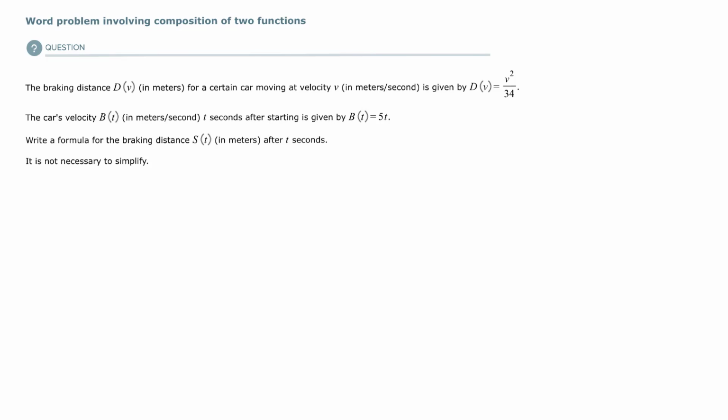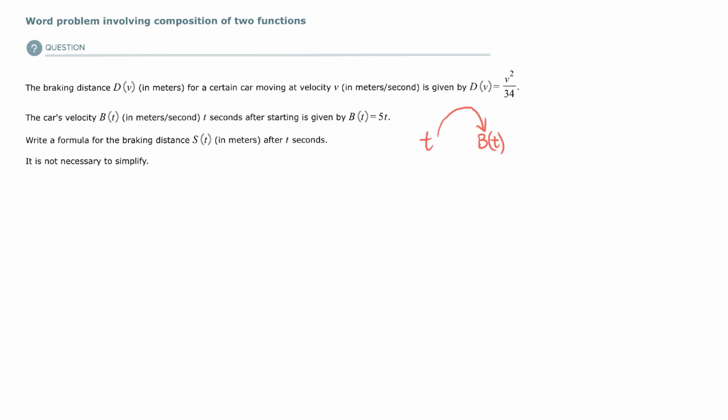So there's a relay going on. What we want is actually to start with the time t, and then there's a function that takes that input value and turns it into an output value. That output value is actually called b of t.